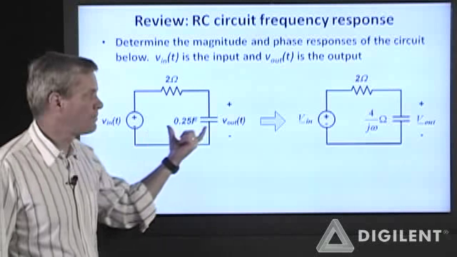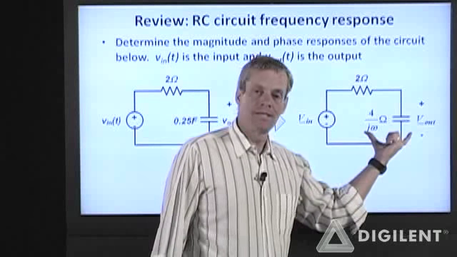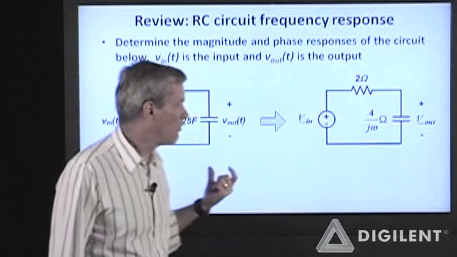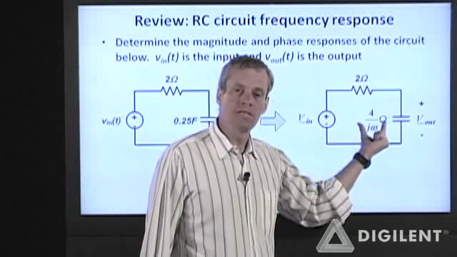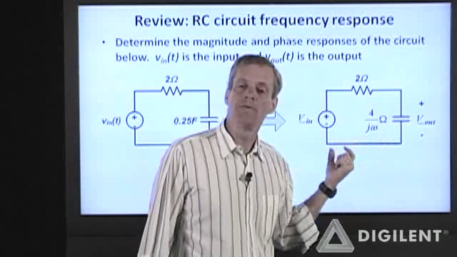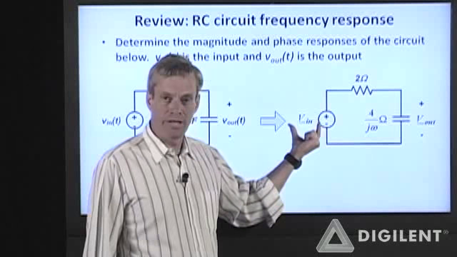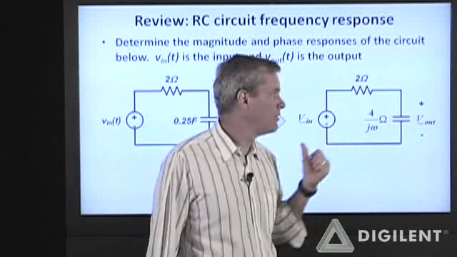First, we transform the circuit into the frequency domain. So the capacitor's impedance was 1 over j omega C. Once I substituted the appropriate capacitance, this impedance became 4 over j omega. Keep in mind that this is now a function of omega. We're going to be able to put in a signal with any frequency here and determine the output associated with that input.